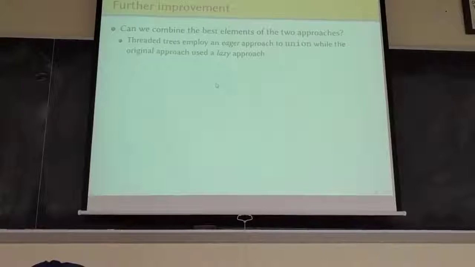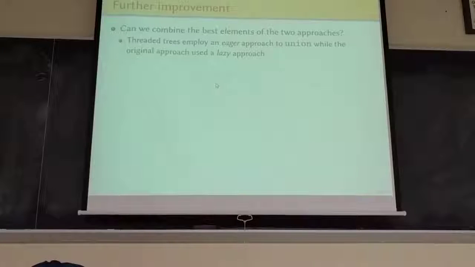So as a very last step, we're going to talk about another improvement. Okay? So threaded trees do an eager union, right? That is, the union creates a data structure that's going to make subsequent operations fast. Whereas the original approach simply makes one link and doesn't care about the cost of subsequent operations.